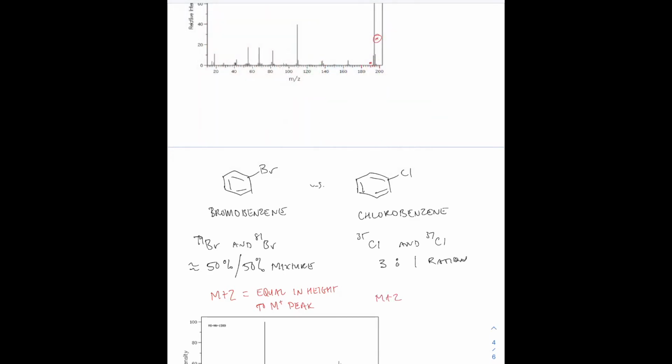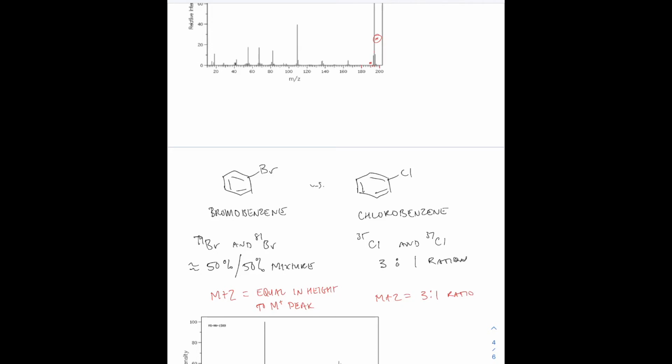So we're going to have an M+2 peak at a 3-to-1 ratio. Basically, they're going to be 2 units apart from one another, and they're going to have a significant size, such that they're obvious in appearance, but also in that specific ratio.